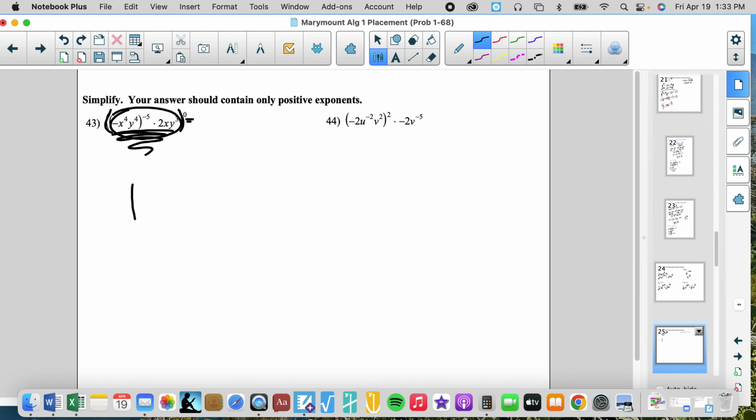You better be efficient. So here we're going to distribute. You can distribute exponents across multiplication. So that's the quantity of negative 2 squared, u to the negative 2 times 2, v to the 2 times 2. When you have a power of a power, you multiply. v to the negative 5th. So we're going to simplify that.